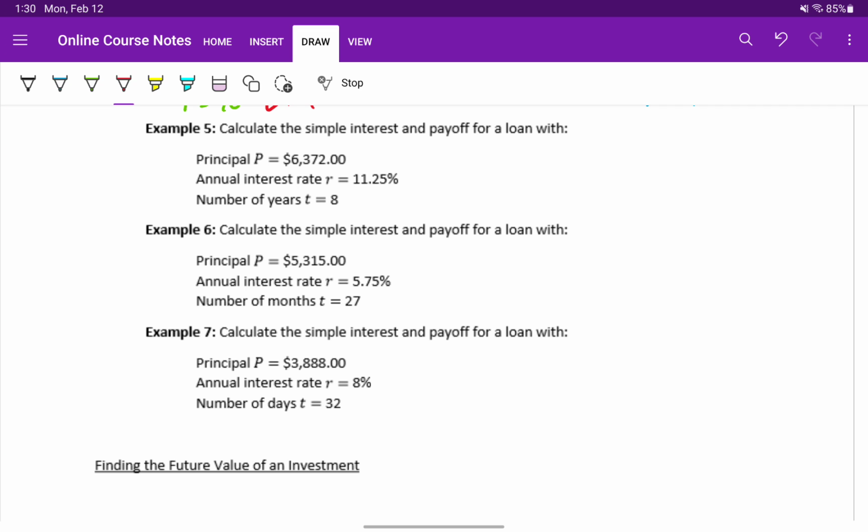What we need to do then is convert both of those values to years. To do that, we'll take our number of months divided by 12 and our number of days divided by 365. Other than that step, these two problems will be exactly the same.